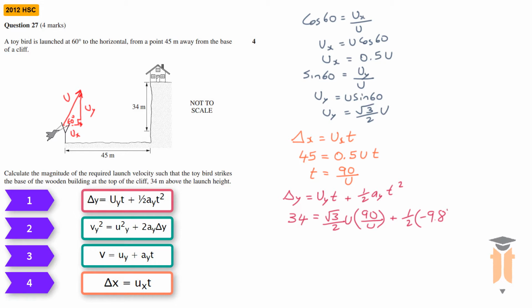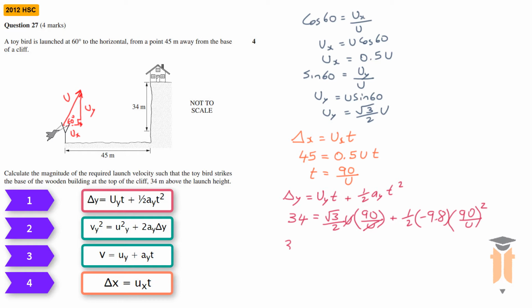It's always minus because it's acting downwards, times 90 over u, squared. So by subbing in t into that equation, we now have a full equation in terms of u, which we can then solve. So we can cancel out these u's here.